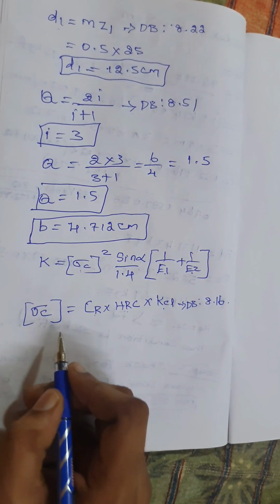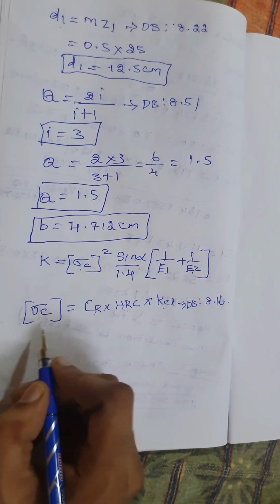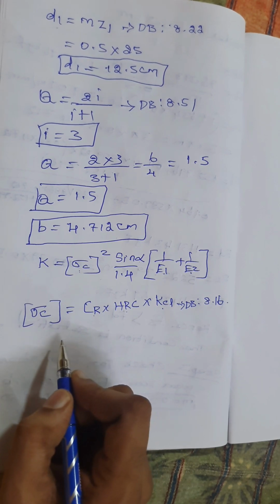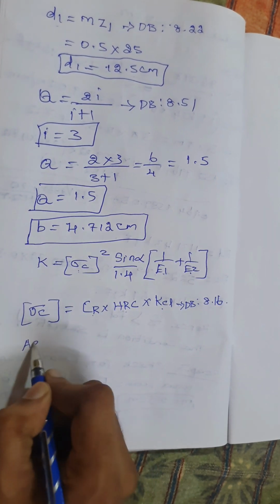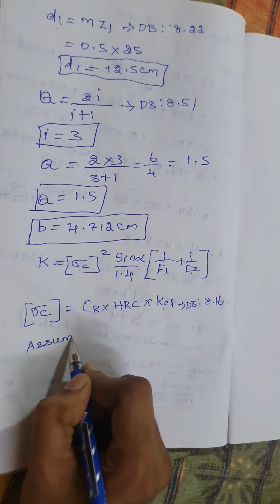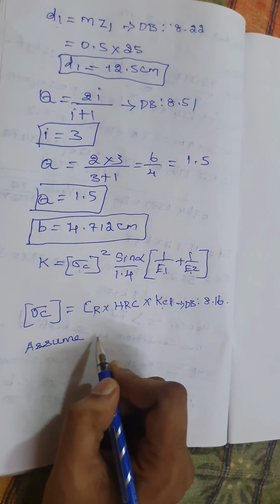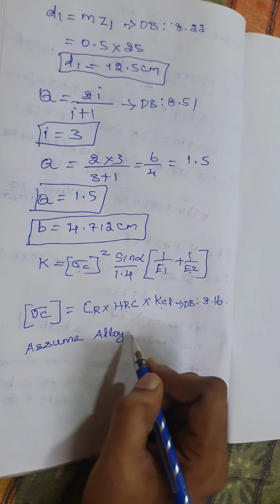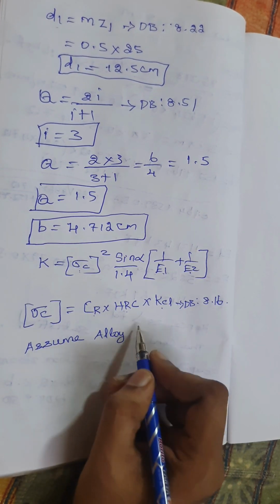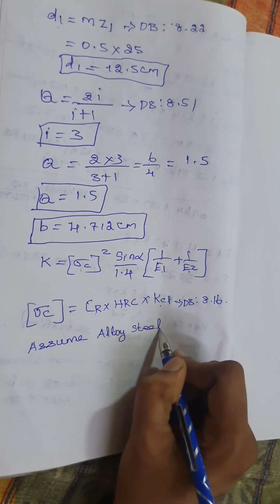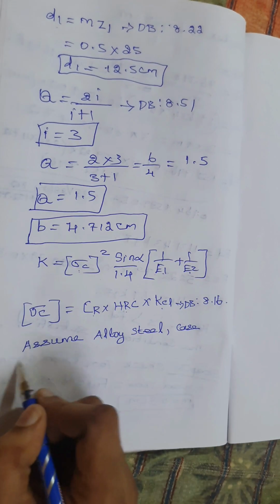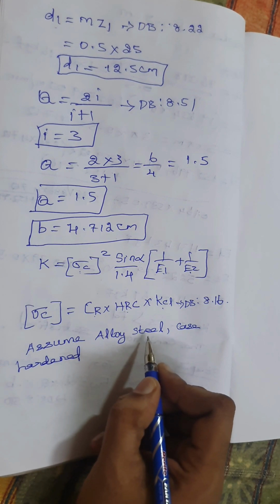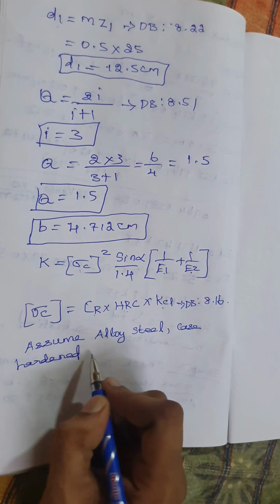In the question it is given that the pinion and gear are made of steel, but it is not given which type of steel, so we can assume it is alloy steel and case hardened.